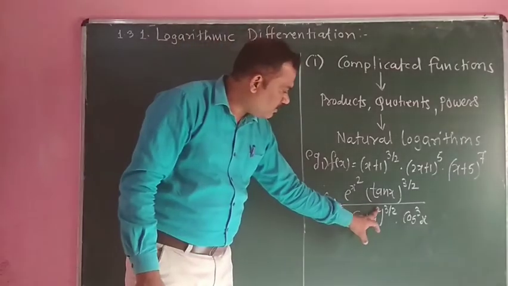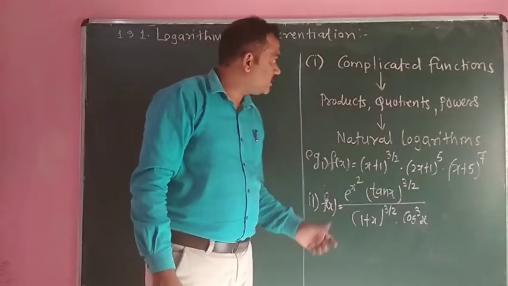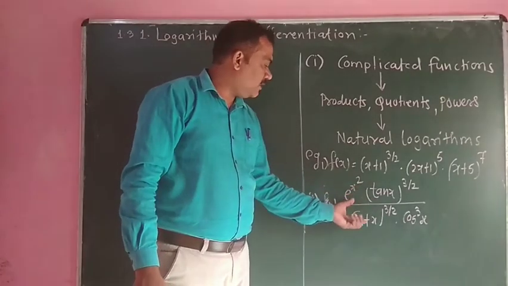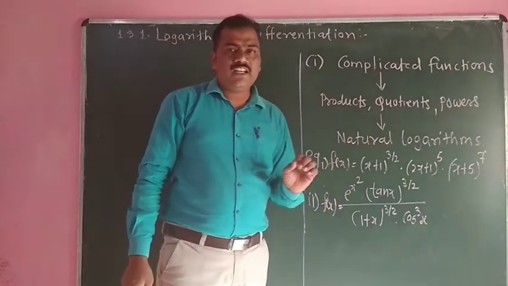Now here we see that this function is a complicated function. In this function, product is there, quotient is there, powers are there, so it is a complicated function.